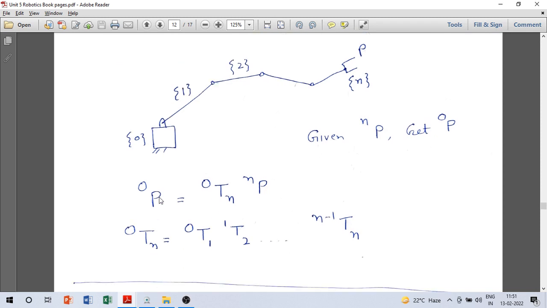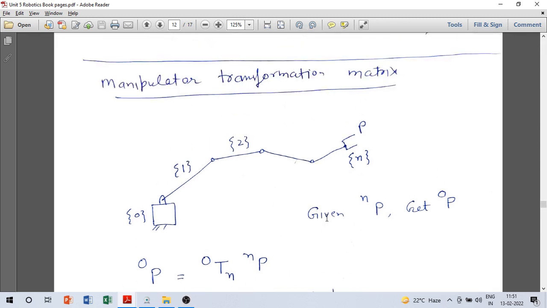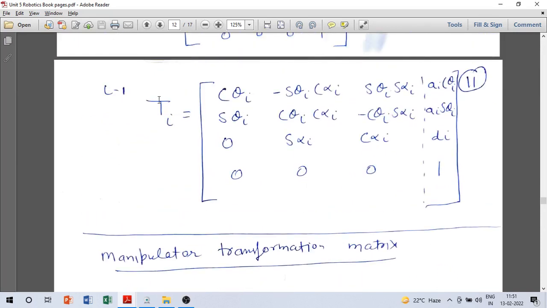So the transformation we are looking for is this 0Tn. If you multiply this Pn with 0Tn, this n and n cancel, you get P0. And this 0Tn will be just 0T1, 1T2, and so on up to n minus 1 Tn. We already wrote this transformation I minus 1 T I. So if I is 1, you get 0T1.